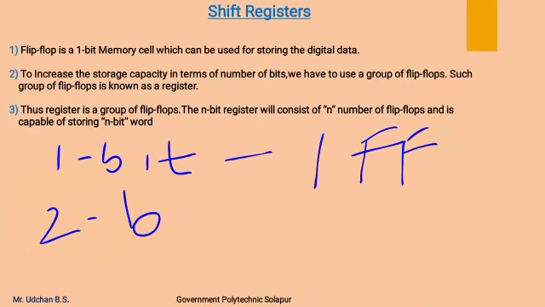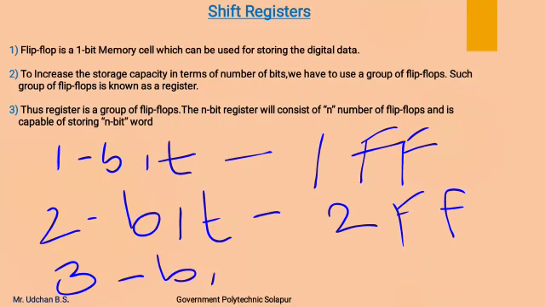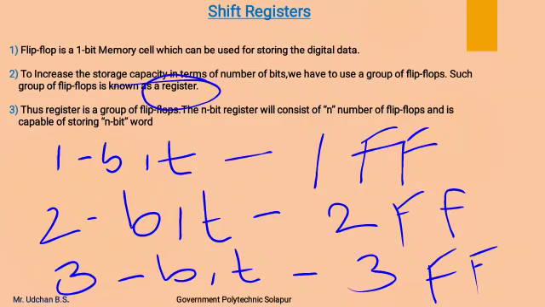Similarly, to store 2 bits of data we require 2 flip-flops, and to store 3 bits of data we require 3 flip-flops. Likewise, to store n bits of data we require n flip-flops. Such a group of flip-flops is known as a register. Thus, a register is a group of flip-flops, and an n-bit register consists of n flip-flops, capable of storing n bits of data.